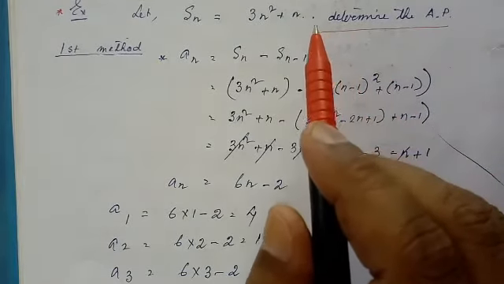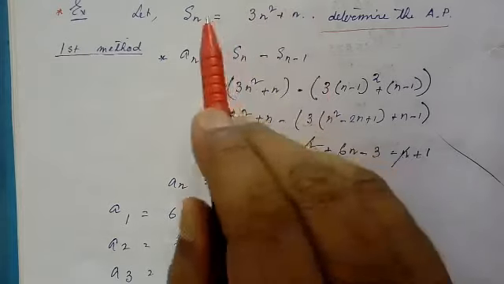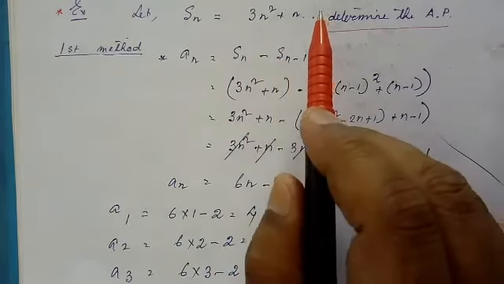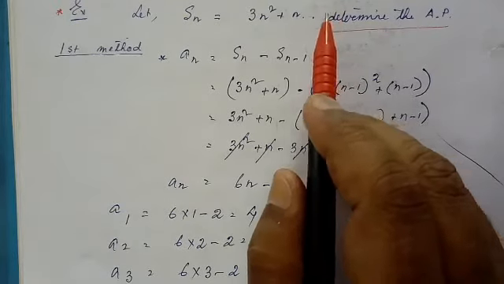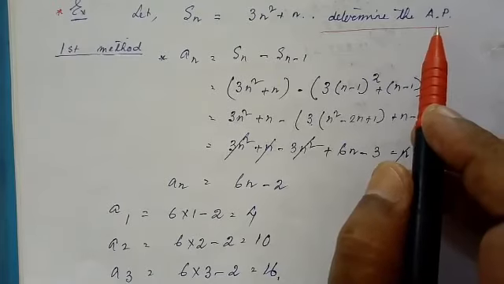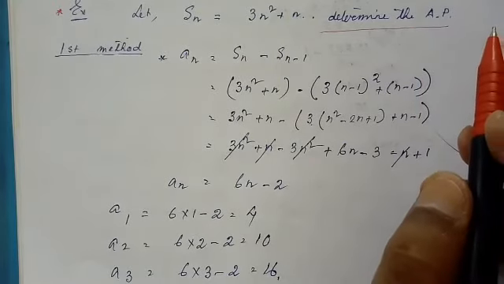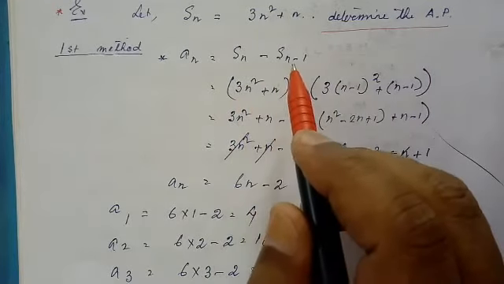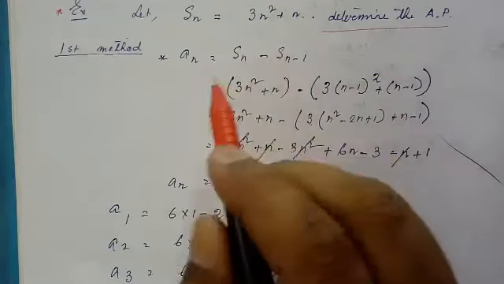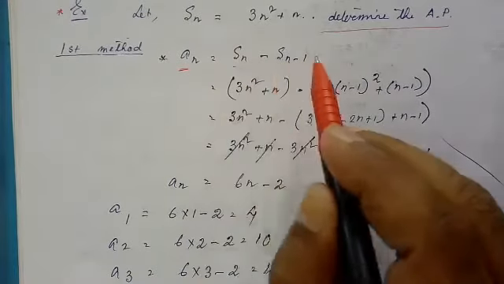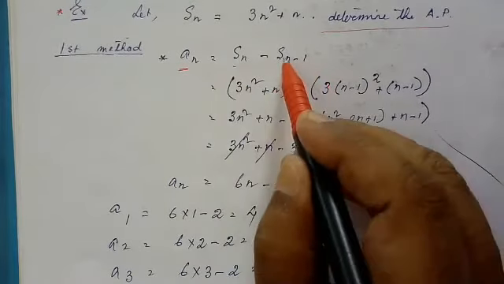That is, if the sum of n terms is given by this expression, we need to find the AP. At least 3 terms are to be determined. So first let us write An is equal to what? Sn minus Sn minus 1.